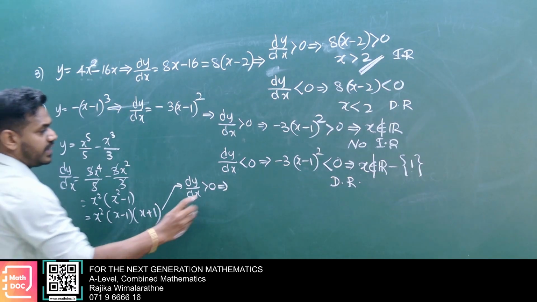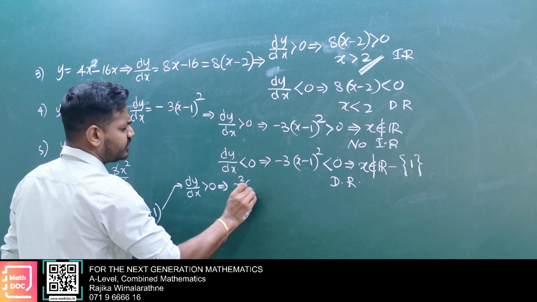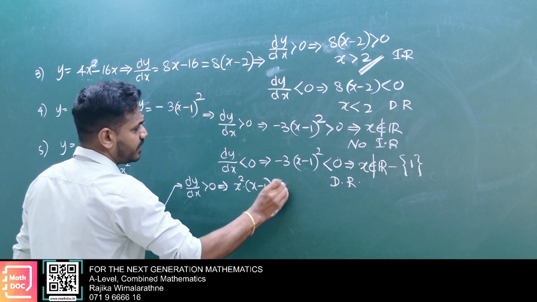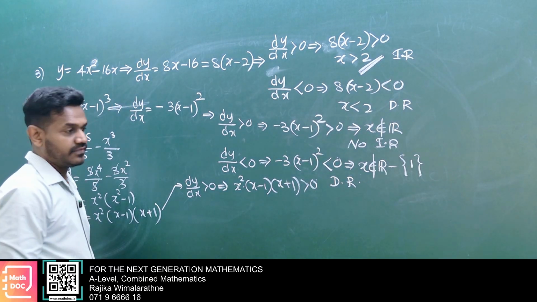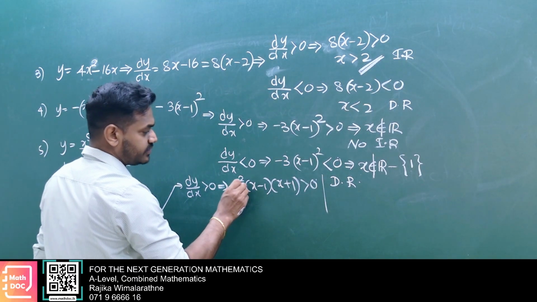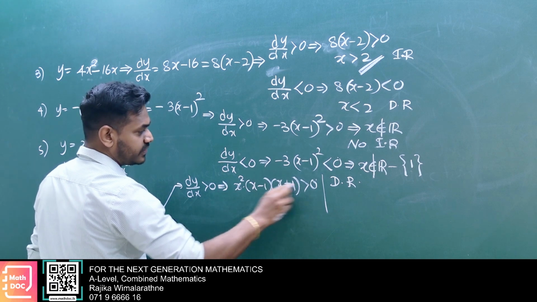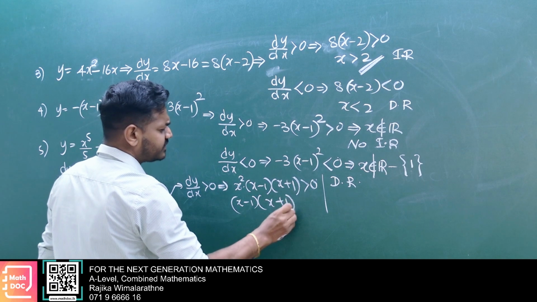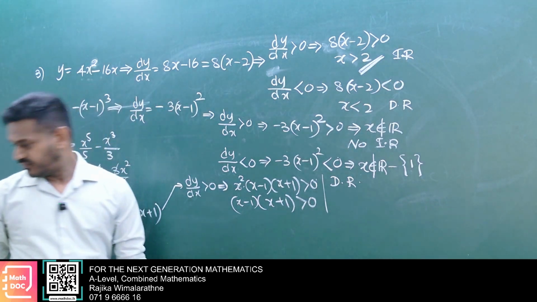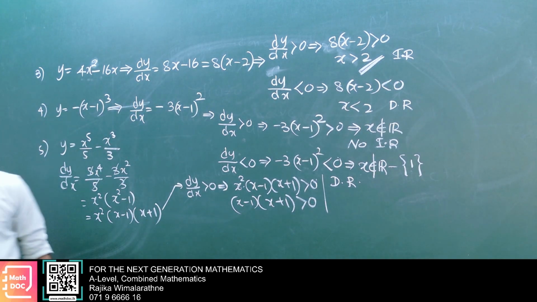Then x squared into (x minus 1) into (x plus 1) greater than 0. Here positive this part, then you have to check only (x minus 1)(x plus 1) greater than 0.